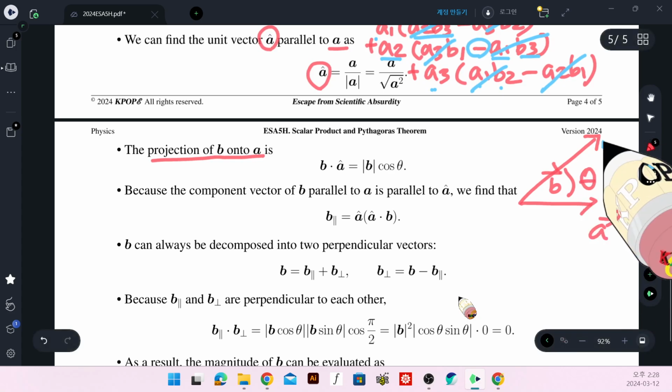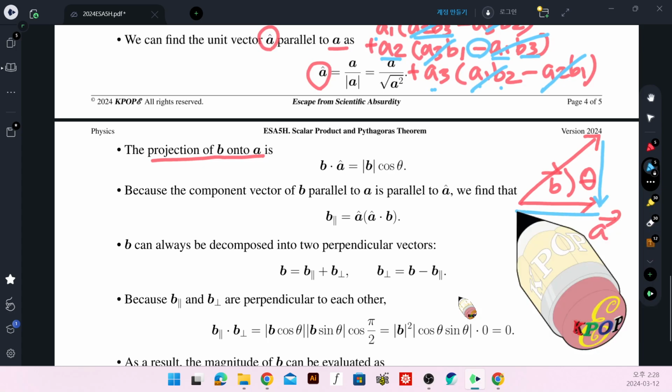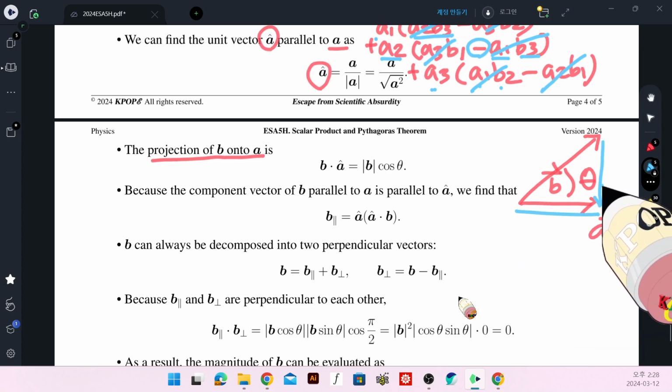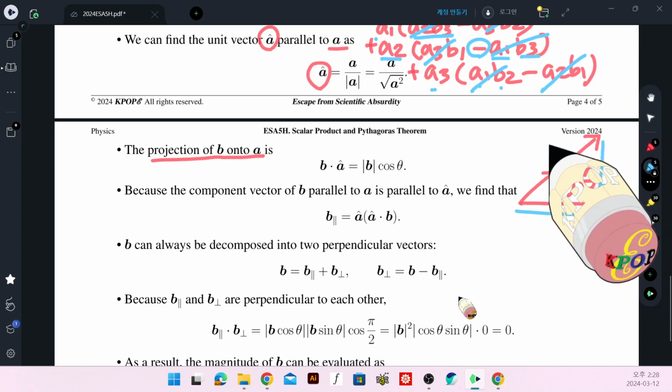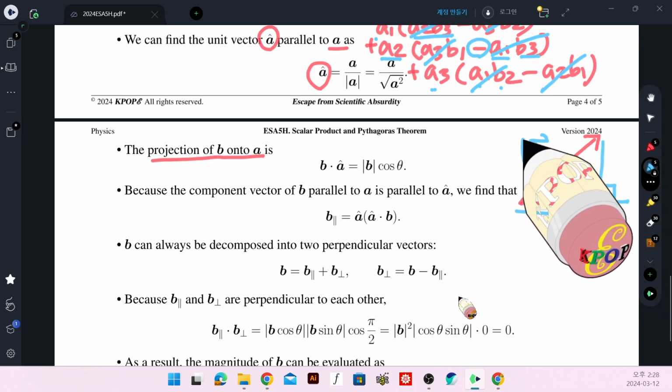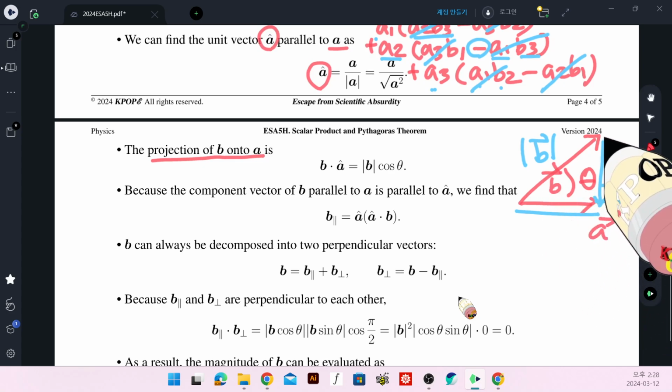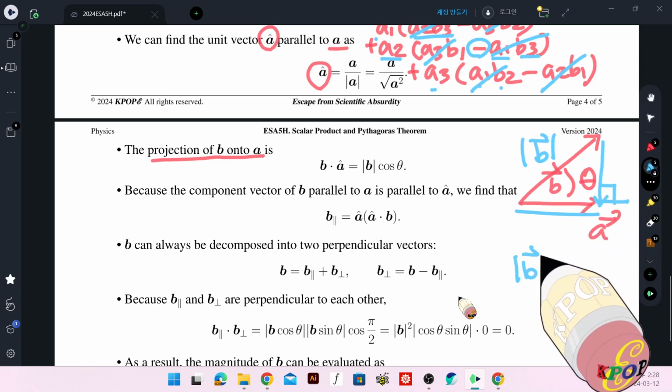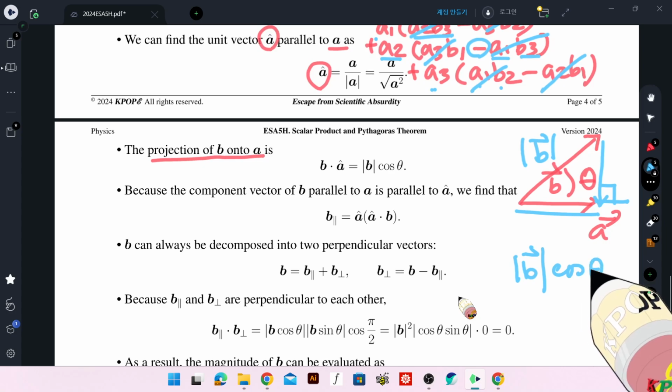The projection is this, the right angle, and we have the B magnitude. Projection is B cosine theta.